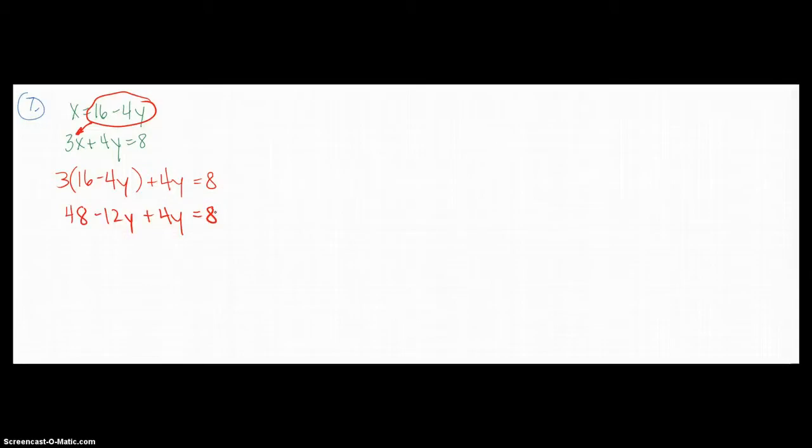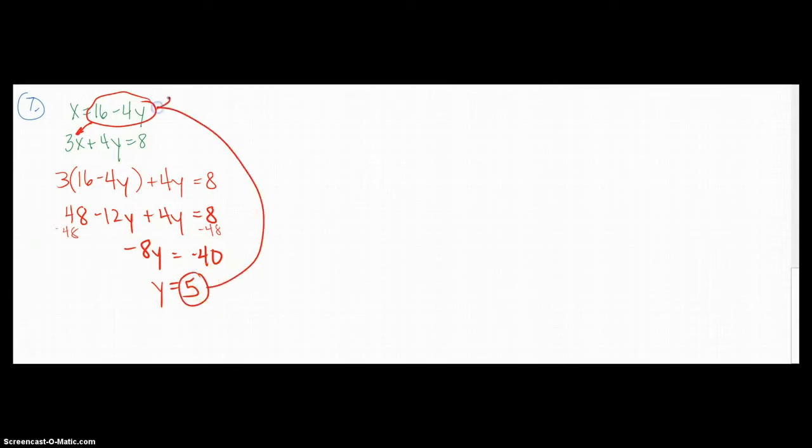So if we combine like terms here, we get negative 8y. And I'm going to go ahead and subtract 48 at the same time. So equals negative 40. So if you divide, negative divided by negative is a positive 5.